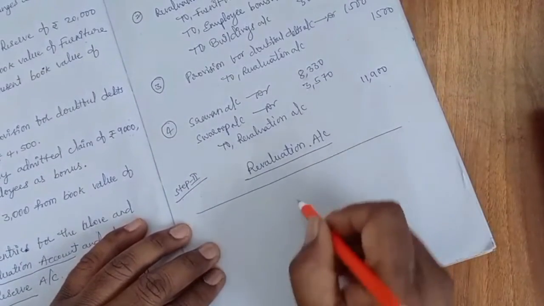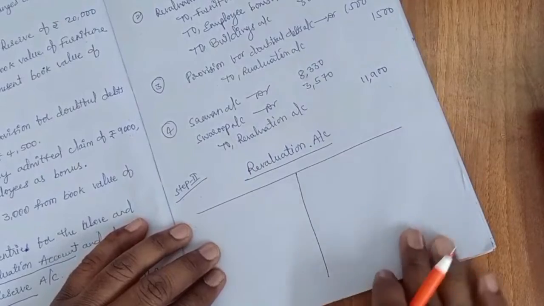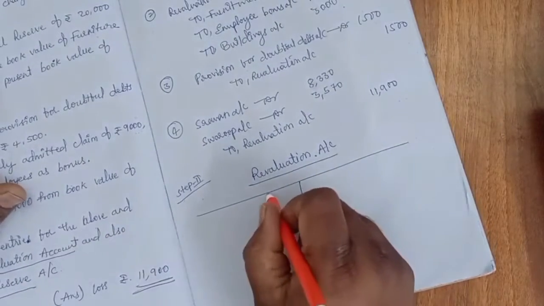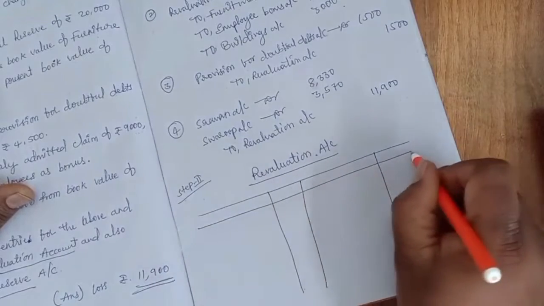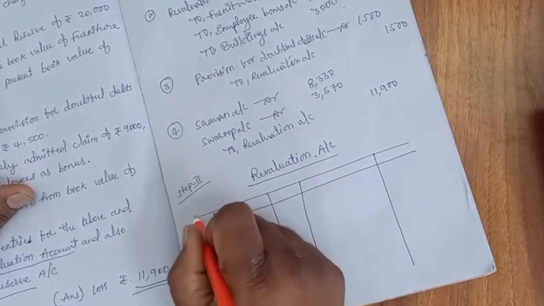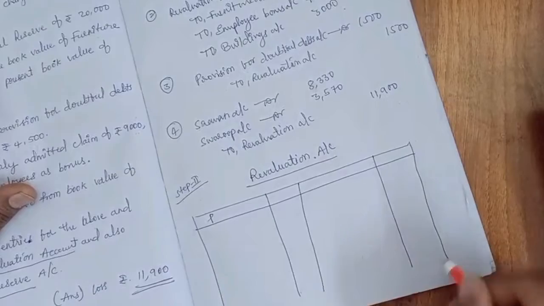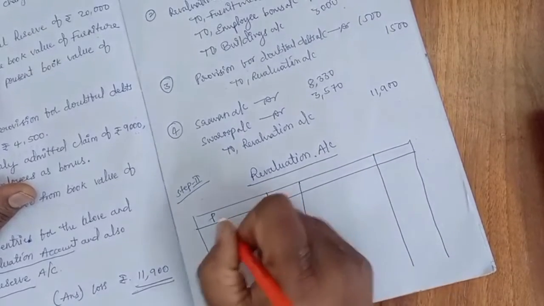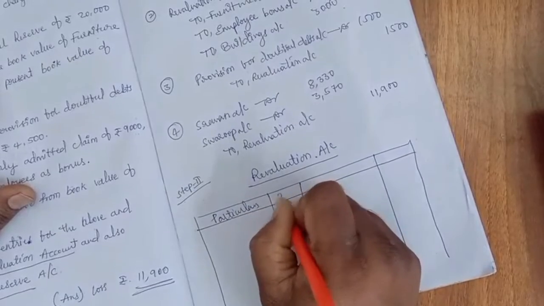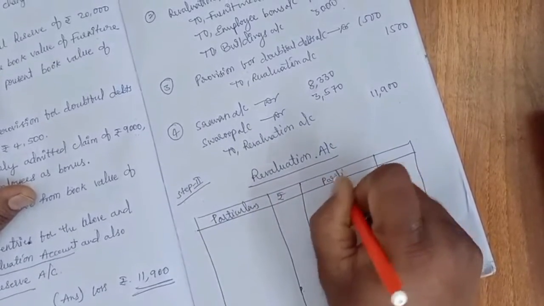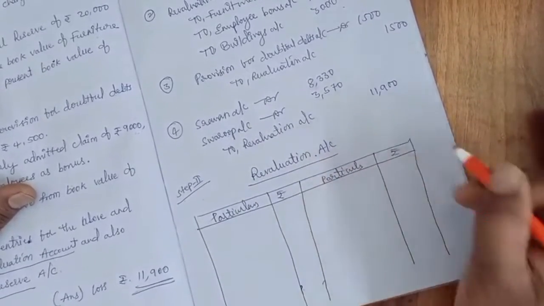So this is how we are going to prepare, like a ledger account form. Particulars, amount, particulars, amount.